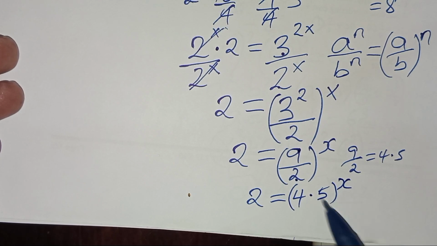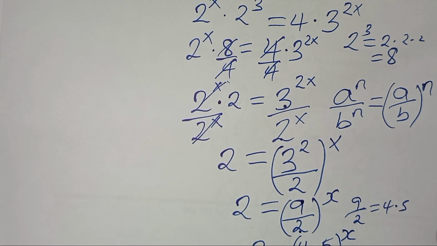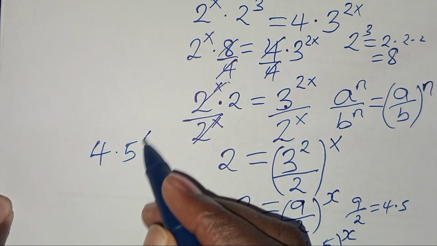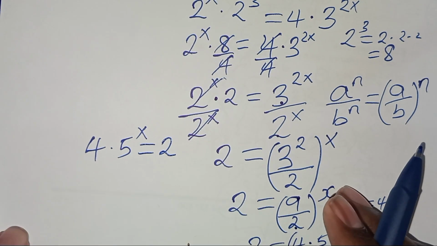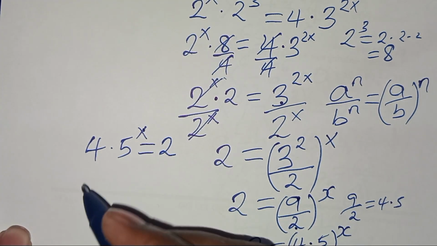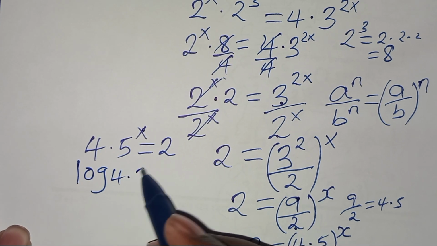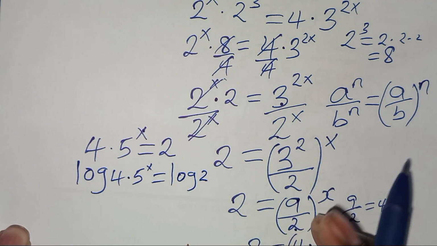And now, for the value of x, we introduce the natural logarithm on both sides. We have 4.5 raised to the power x equal to 2. So we'll have log 4.5 raised to the power x equal to log 2.